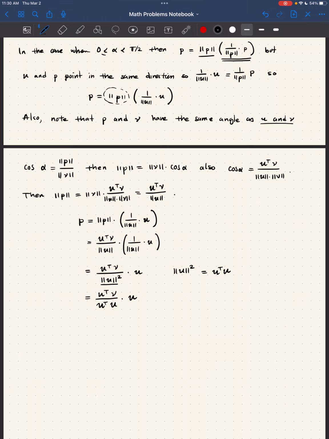And with this we finish. This is an algebraic formulation of the projection of V onto U, expressed only in terms of U and V. And with this, we finish.